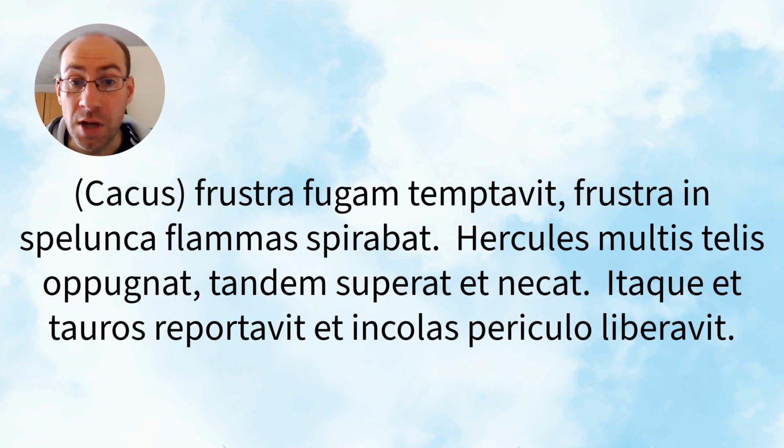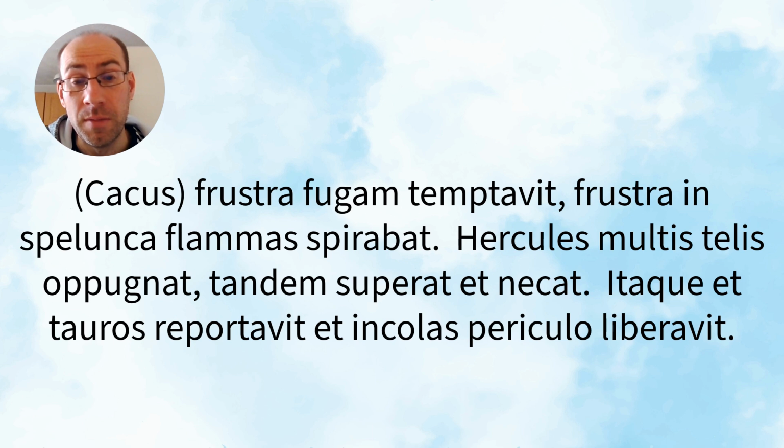Itaque, and so, and thus, et. Now we've got two ets, correlatives. These are both. So, itaque, et tauros reportavit. He both returned, brought back the bulls, and incolas, from incola, it's accusative, it's a first declension word meaning inhabitants. Liberavit, liberated, freed. He freed the inhabitants from what?